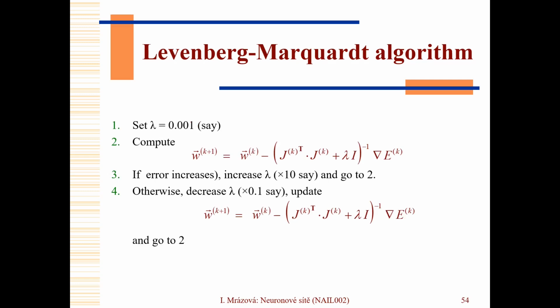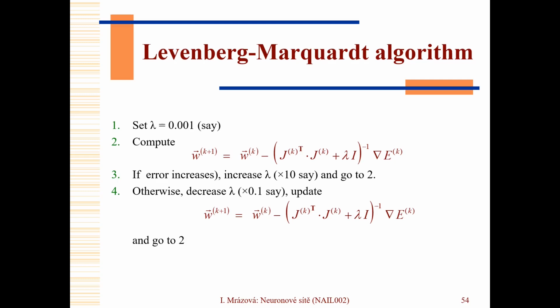Now the strategy of Levenberg-Marquardt, how to perform the weight adjustments, can be summarized in this slide. For step 1, we will preset the value for lambda. We can start, for example, with a value equal to 0.001. Then we will compute the new weights according to the Levenberg-Marquardt algorithm.